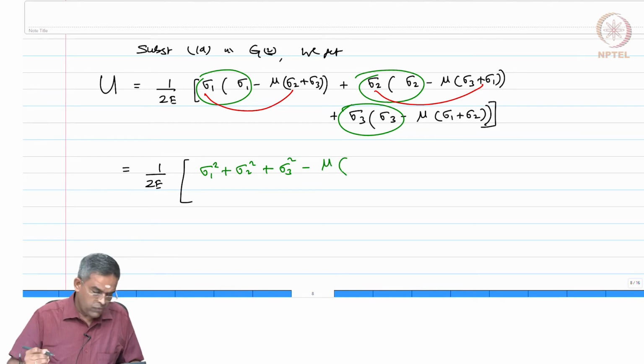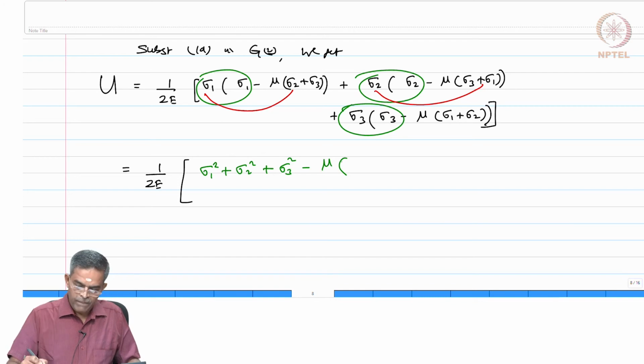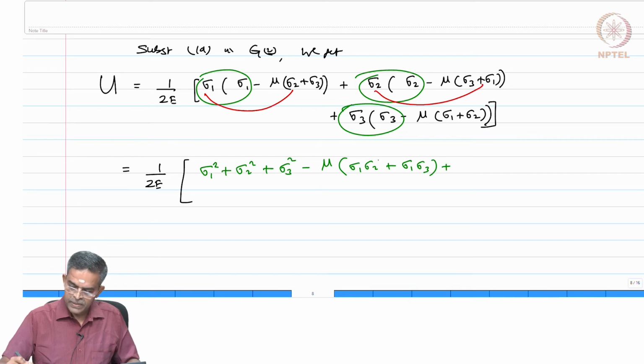Minus mu times of sigma 1 sigma 2 plus sigma 1 sigma 3 plus, let us say, sigma 2 sigma 3 plus sigma 2 sigma 1 plus sigma 3 sigma 1 plus sigma 3 sigma 2. Okay.